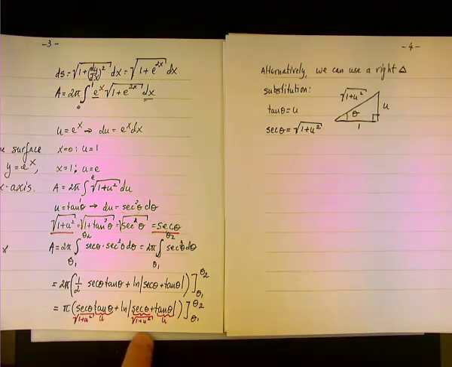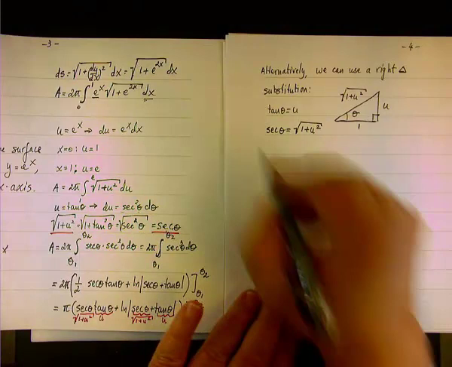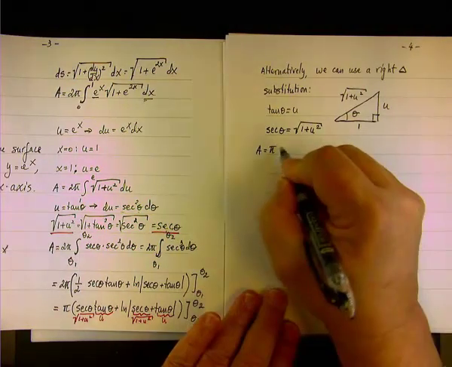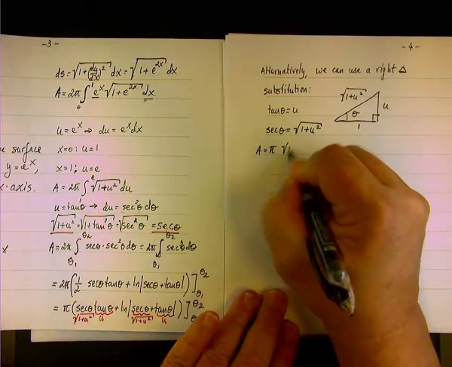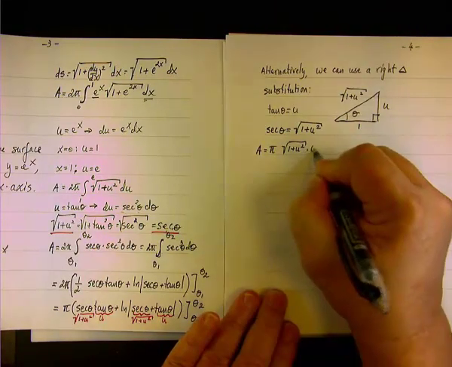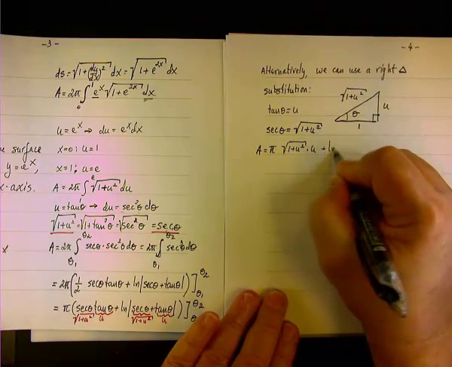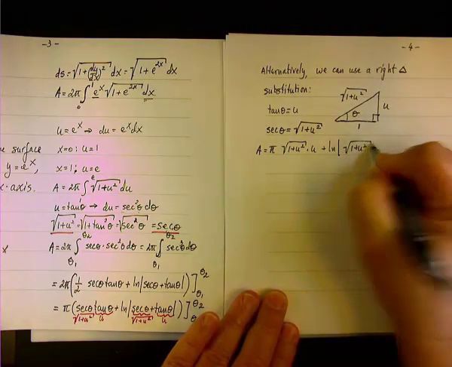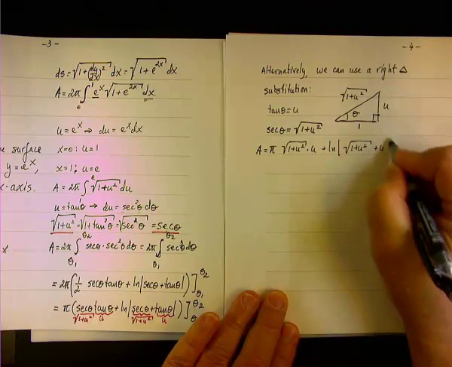So if you don't see it initially, you always can go to the right triangle deal, which is really a wonderful substitution. And now you have pi, and in terms of u, we have the square root of 1 plus u squared times u plus the natural log of the absolute value, again, of the square root of 1 plus u squared plus u.